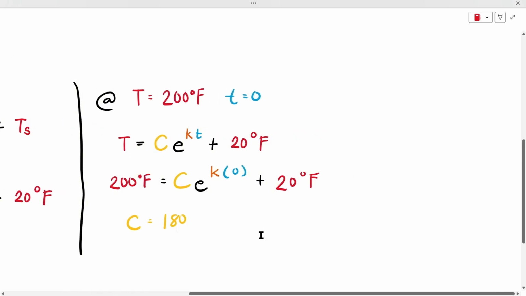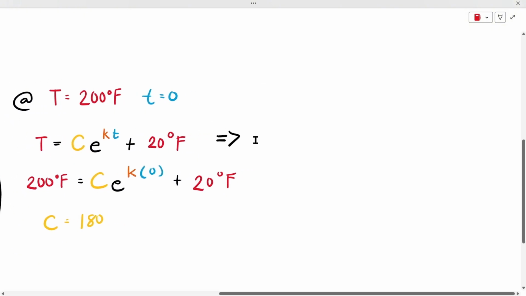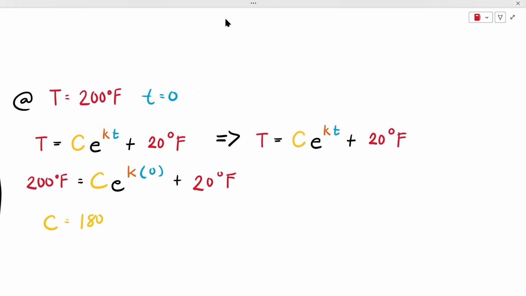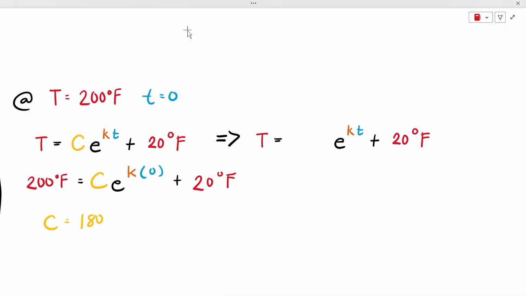Then let's substitute the value of C into the preceding equation, and this will give us 180 e raised to Kt plus 20. So this will be our new formula.